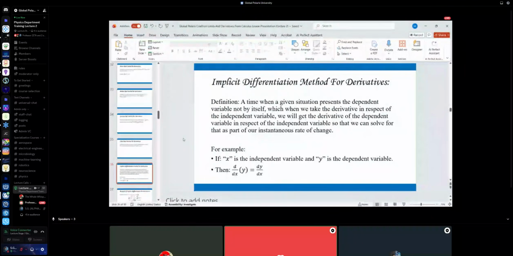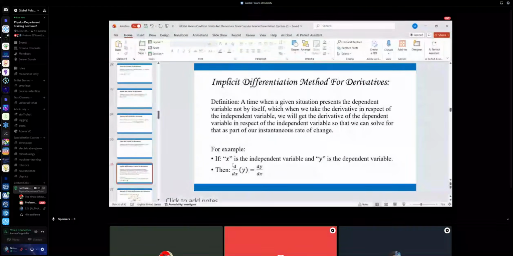So if we take the derivative with respect to the independent variable, for the dependent variable we get the derivative of the dependent variable with respect to the independent variable. I know those are big words, but I have an example here. If x is the independent variable and y is the dependent variable, which sounds pretty familiar, then d over dx is the notation. This is the first time I'm introducing you to this notation.